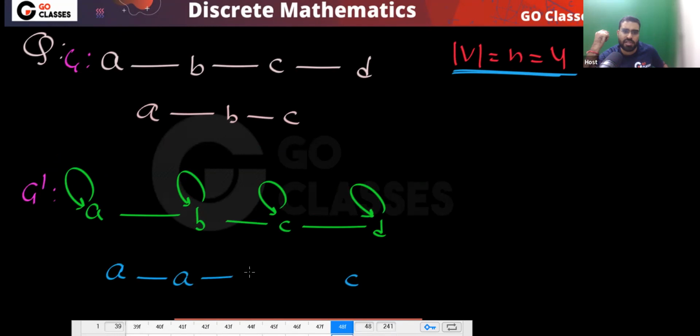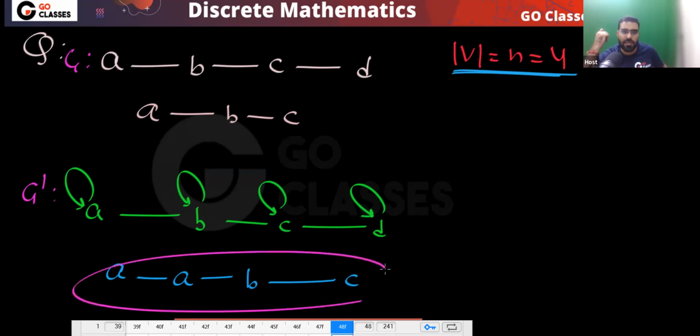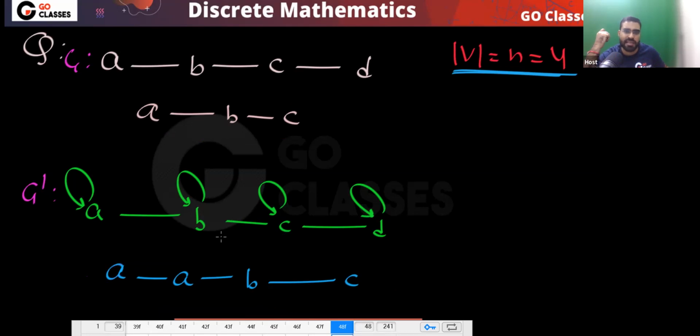You can waste this loop. Is this clear? So if there is a walk here from length 1 to n minus 1, then there will be a walk here of length exactly n minus 1.